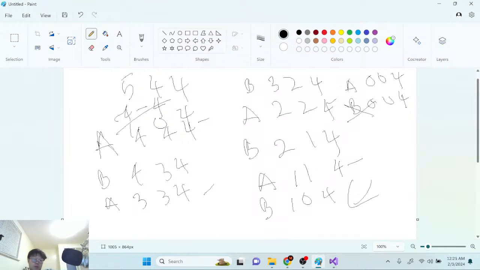Find the smallest number, right? Subtract it. 0, 0, 0. Oh, you get 1, 0, 4. Oh, crap. Okay. If Bob's turn reaches 1, Bob loses. Right?